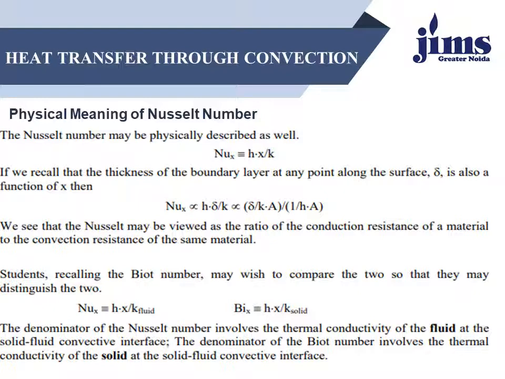But if we are talking about transient heat flow, the Biot number is generally used. The formula of the Biot number is hx divided by k, and the formula of the Nusselt number is hx divided by k. So the formula is similar, but there is a huge difference in the thermal conductivity. In case of the Nusselt number, k is the fluid thermal conductivity, but in case of the Biot number, k is the conductivity of the solid material.